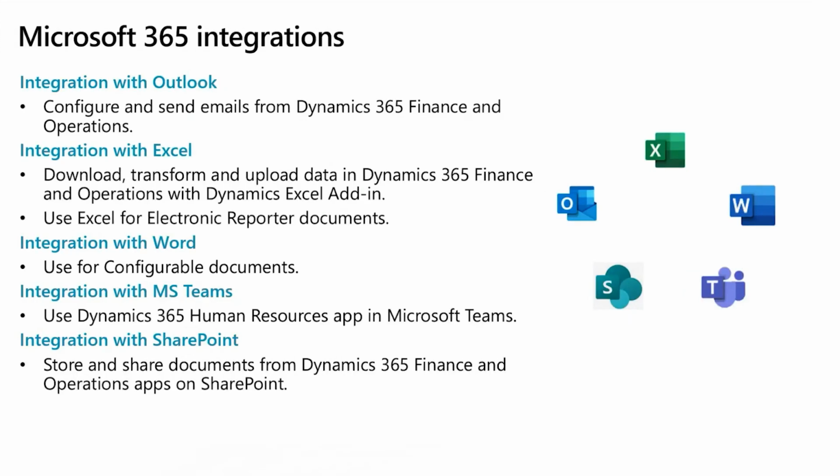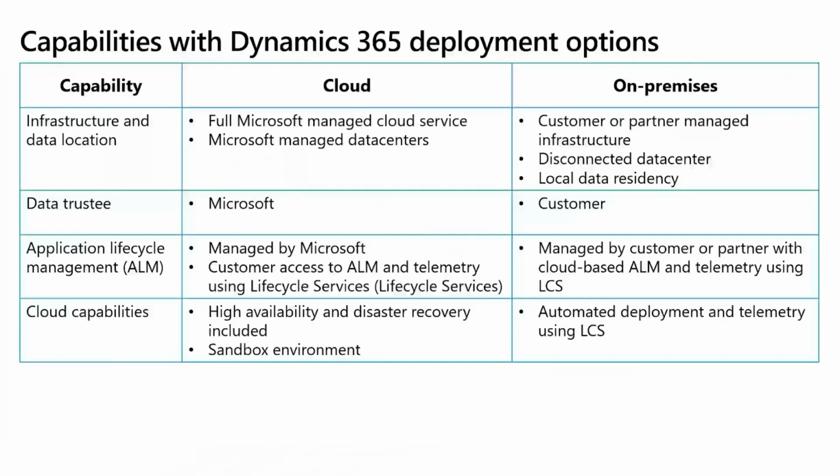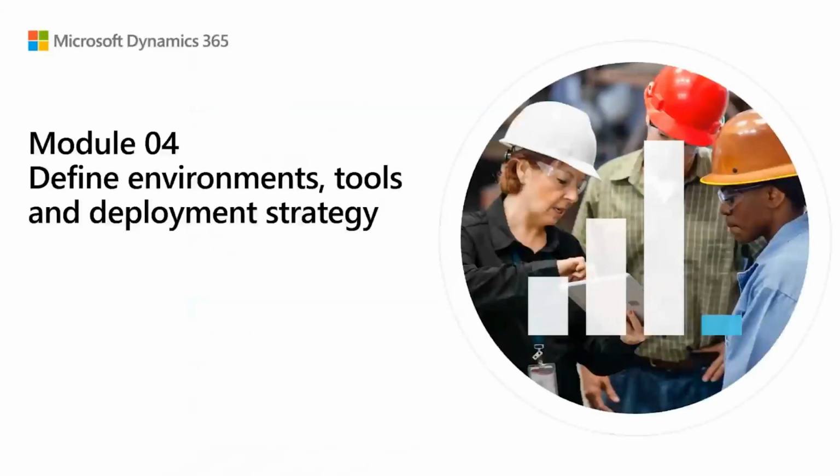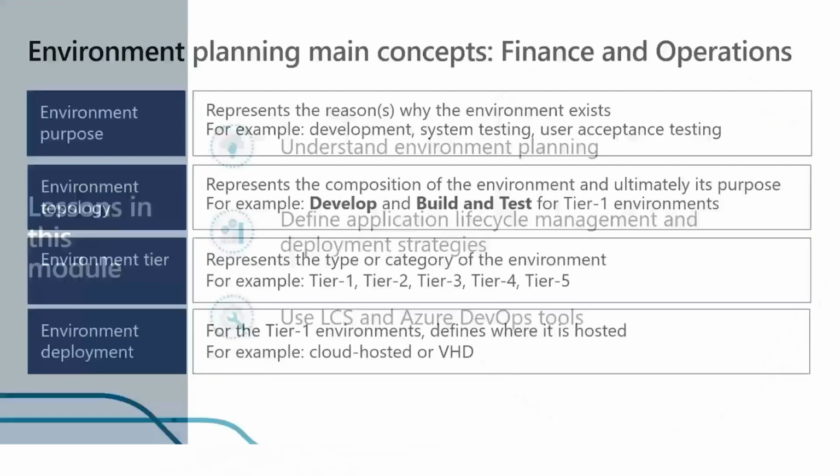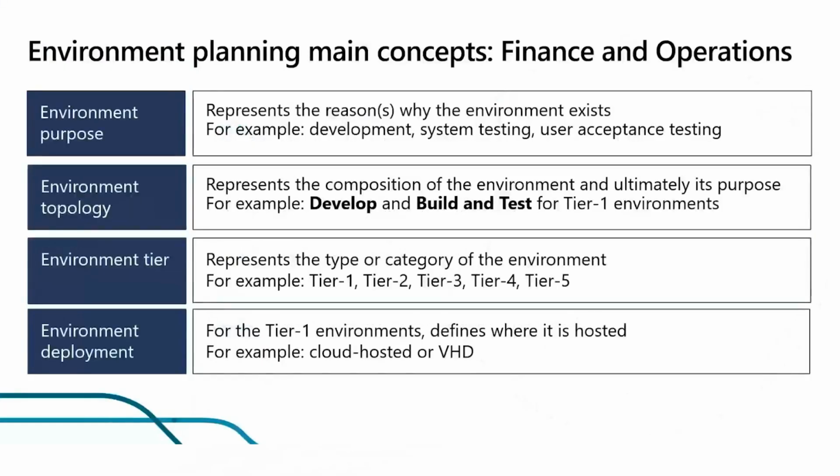different types of environment. Let's move back and do a quick revision of what we have done today. We discussed various environment purposes, various environment topologies, various environment tiers, and various deployment strategies as well. For different tiers, there can be different deployment options provided.